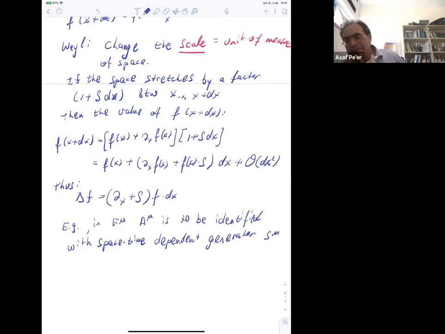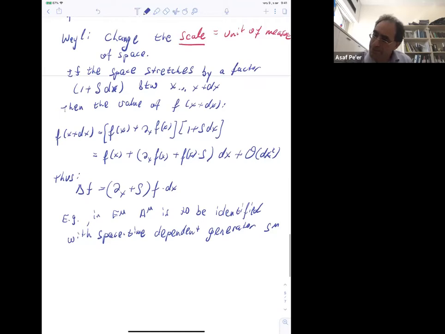So what Weyl was really proposing is to associate electromagnetism with geometry. That's what we have here, really: associate EM with geometry.